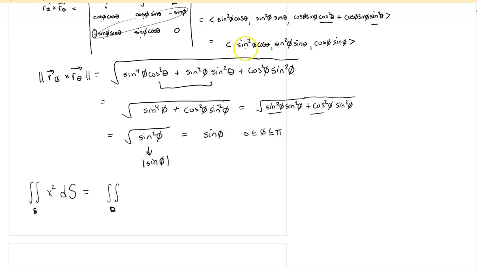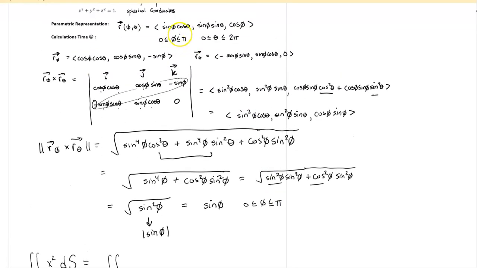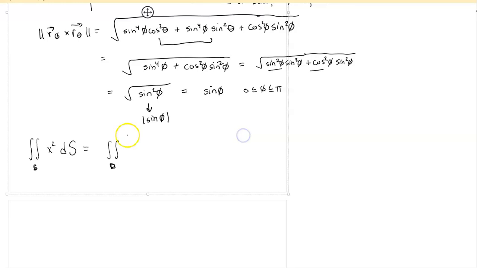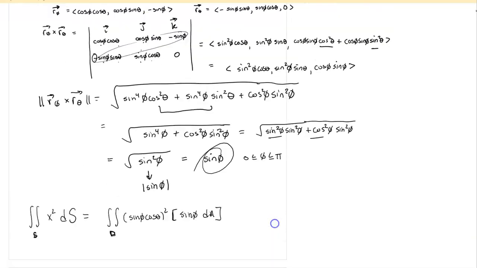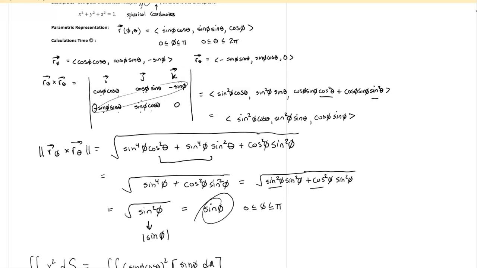We have to go all the way back up to the top. x is sine phi cosine theta, so sine phi cosine theta quantity squared. And our dS is going to be sine of phi dA. And now we have to look at our region for our parameters.